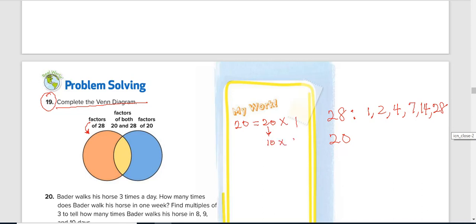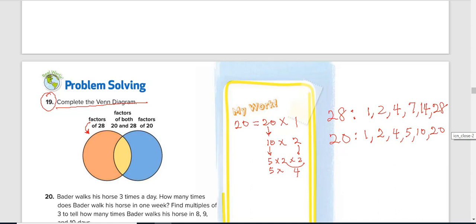That's 10 times 2. 10 I can also divide to give me 5 times 2, times this 2. So that means 5 times 2 times 2, 4. So these are the factors of 20: 1, 2, 4, 5, 10, and 20 itself.